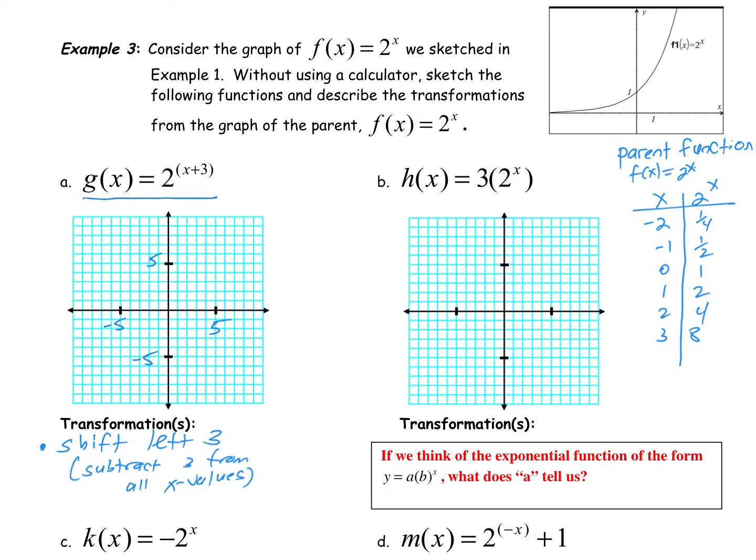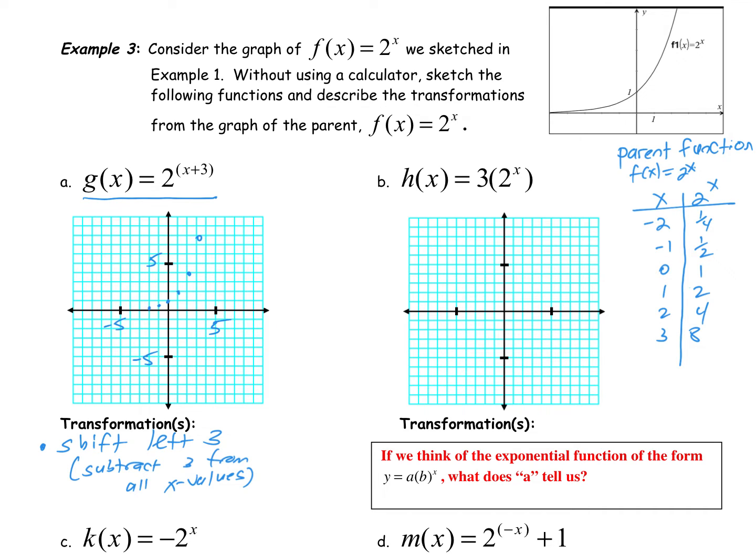So I have -2, 1/4, -1, 1/2, 0, 1, 1, 2, 2, 4, and 3, 8. And once again, I'm getting those points from this table here, or just substituting in the values of x in the function 2 to the x.